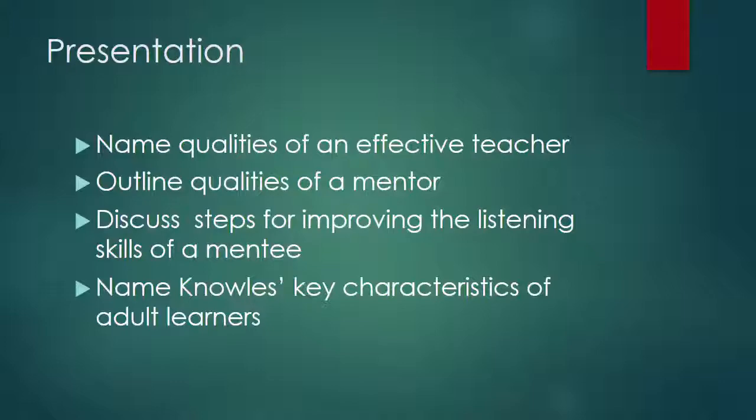Knowles has characteristics that he has developed for adult learner. What are those? We are only talking about Knowles, the name of a scholar, the name of a philosopher. It's Knowles, but he came up with certain characteristics of adult learners. What are those characteristics? We must be able to name them.